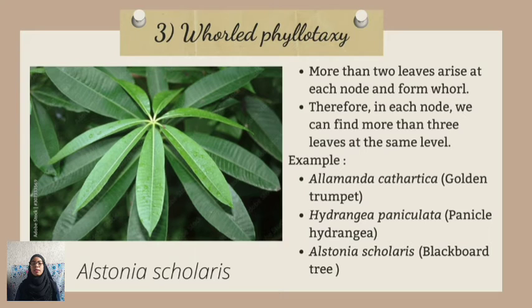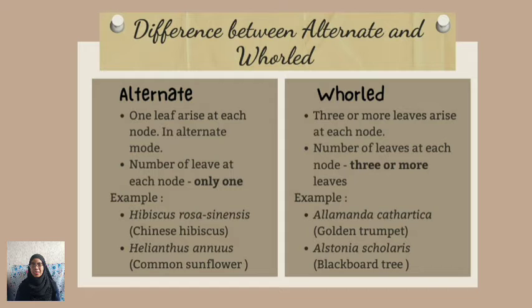Next, I'm going to share with you the difference between alternate phyllotaxy and whorl phyllotaxy. In alternate phyllotaxy, one leaf arises at each node, while in whorled phyllotaxy, three or more leaves arise at each node.